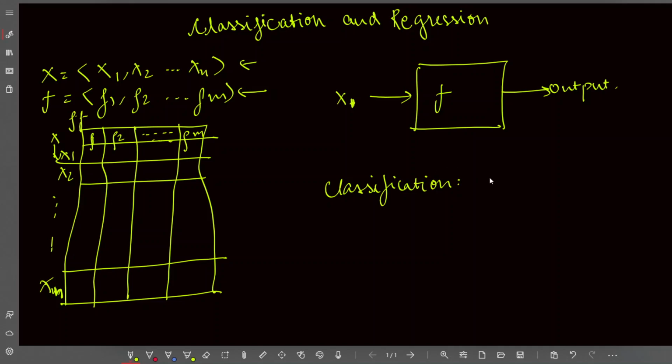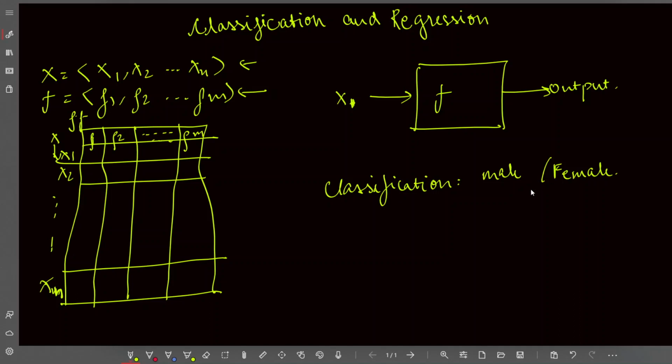Let's say the data point is about humans and the features are something like hair length or eye color. If it's a classification task, you might want to understand whether the human is a male or a female. That's a very simple classification task.